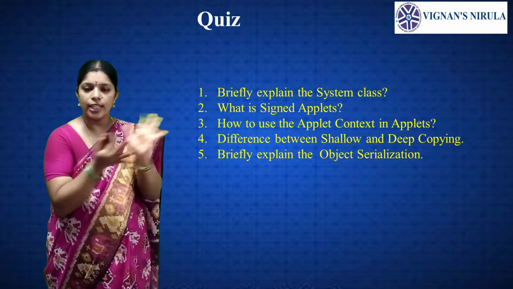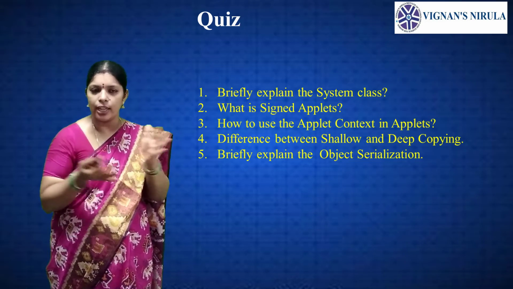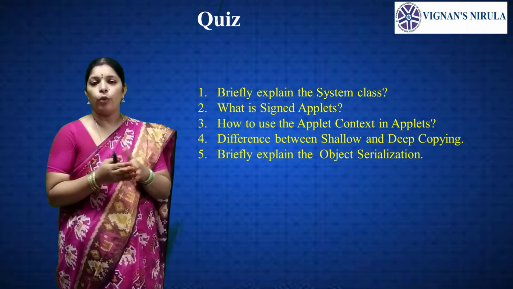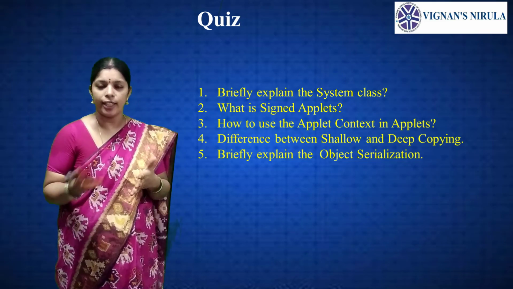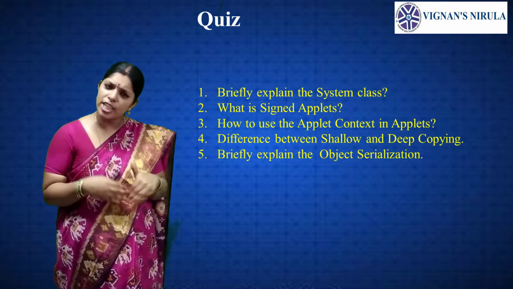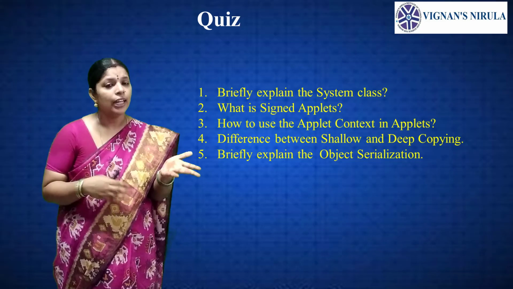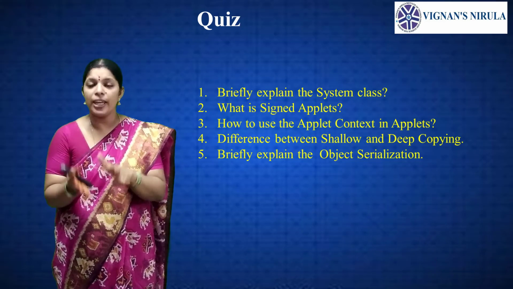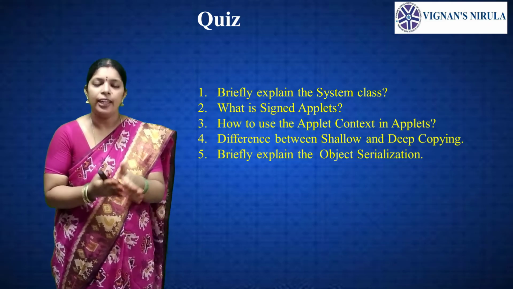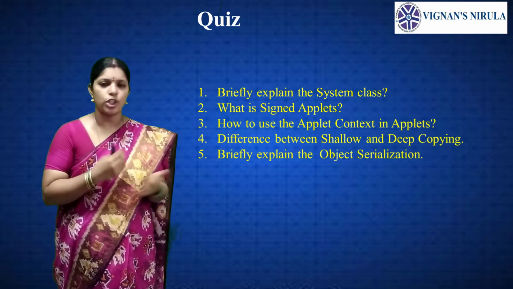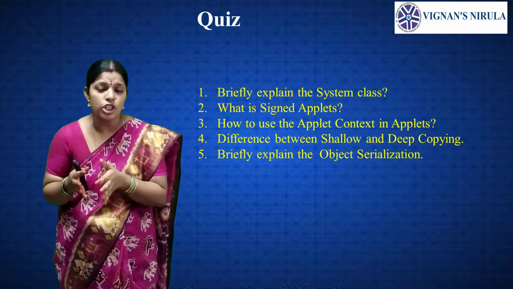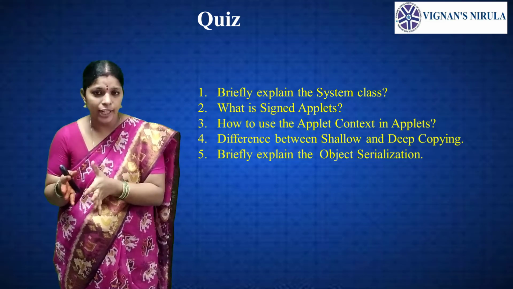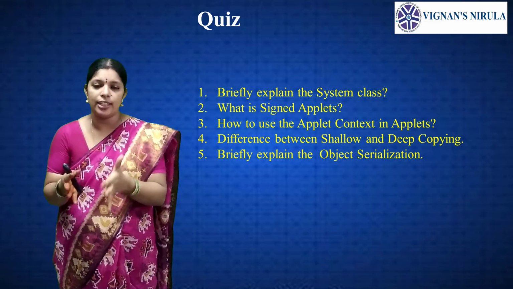So what is the difference between the deep copy and the shallow copy? If any changes occur in the original object and the duplicate or copy object changes too, that is the shallow copy. If any changes occur in the original object and no changes occur in the duplicate or copied object, that is the deep copy.